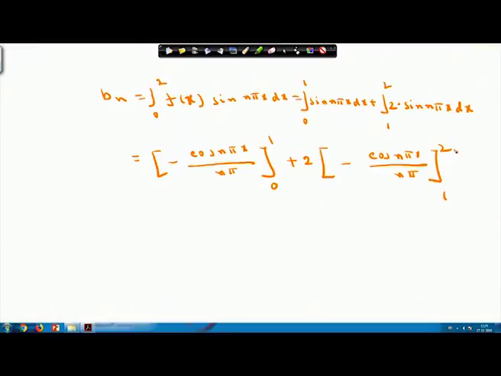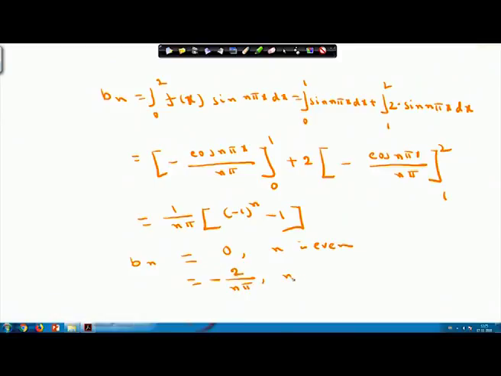If I evaluate these values, you will ultimately obtain 1 by n pi into minus 1 to the power n minus 1. So, I can write down b n equals 0 when n is even, and this is equal to minus 2 by n pi when n is odd.